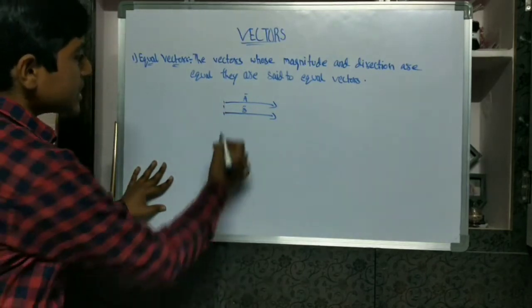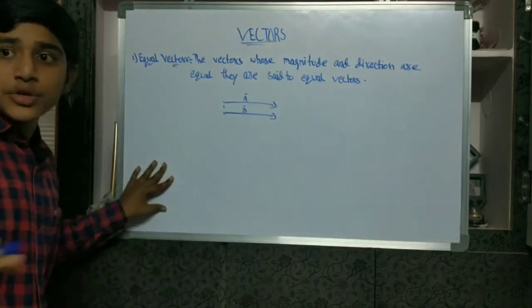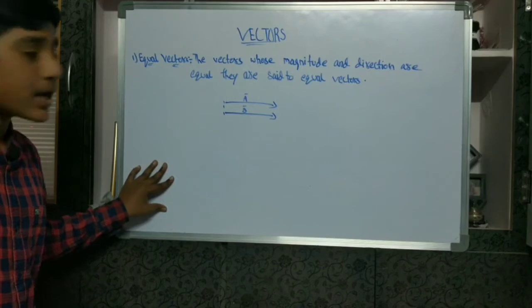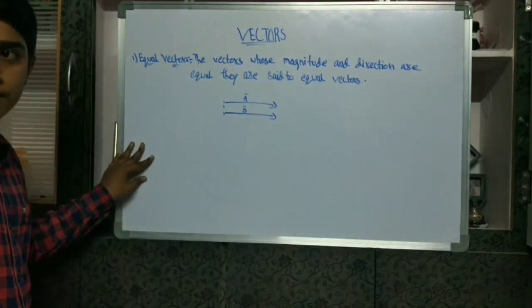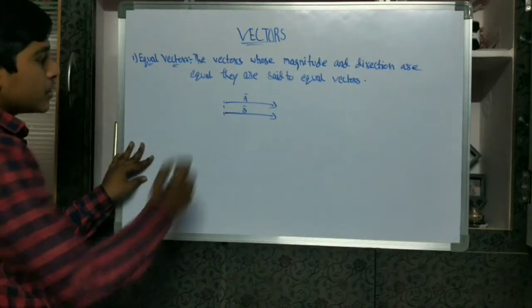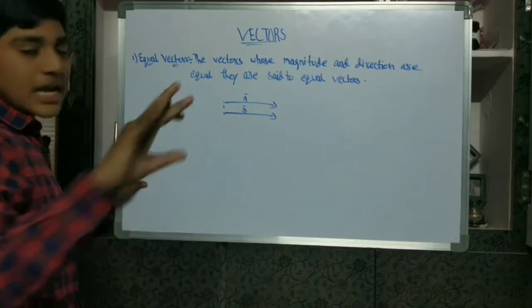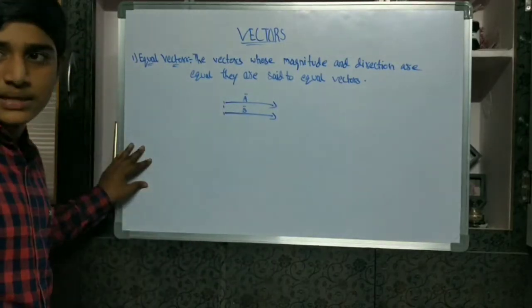If you see here, the magnitude is also equal. That is about equal vectors. So I think you got clarity that vectors having the same magnitude and direction are said to be equal vectors.